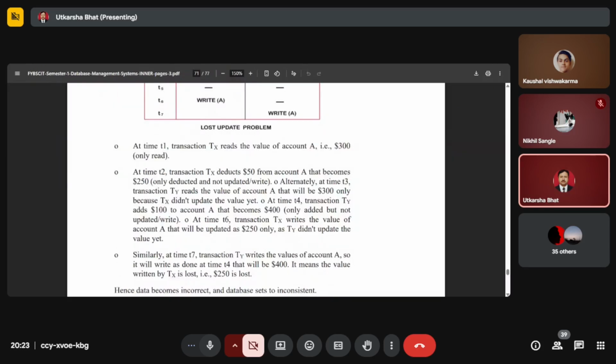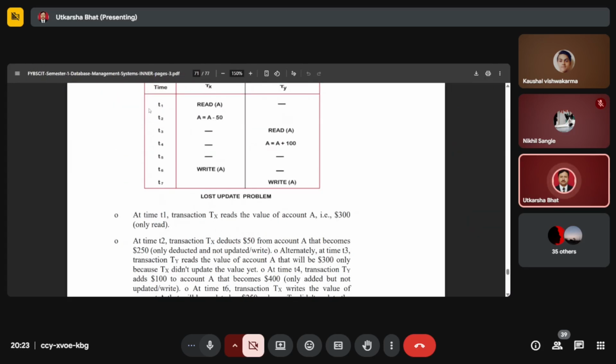What does it mean? At the time of T1, transaction Tx reads the value of A, that is account $300, only reads.